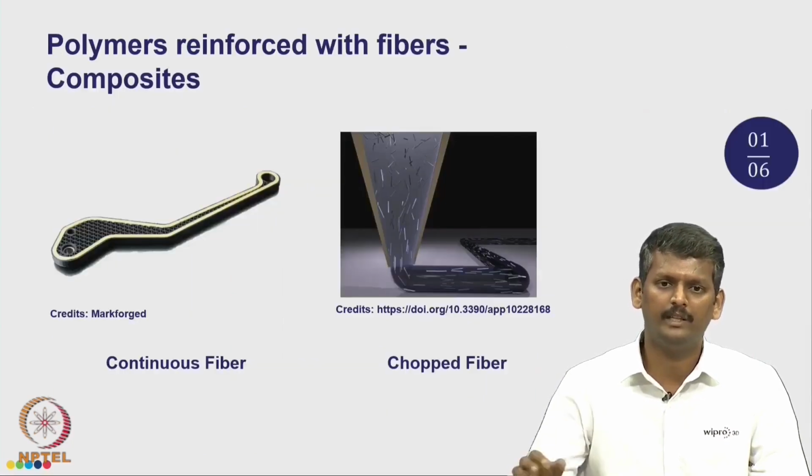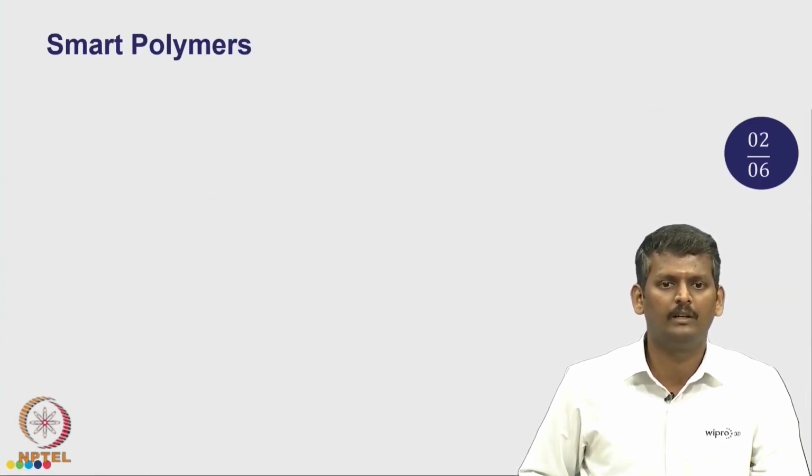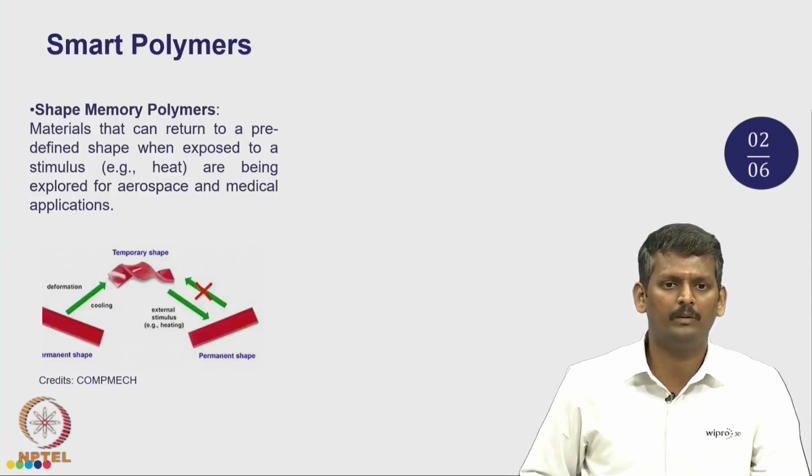And then we have seen polymers reinforced with fibers. One has continuous fiber, the other has chopped fiber. And then we have seen smart polymer materials, where we had one material called shape memory polymer, which memorizes its shape during the printing process.